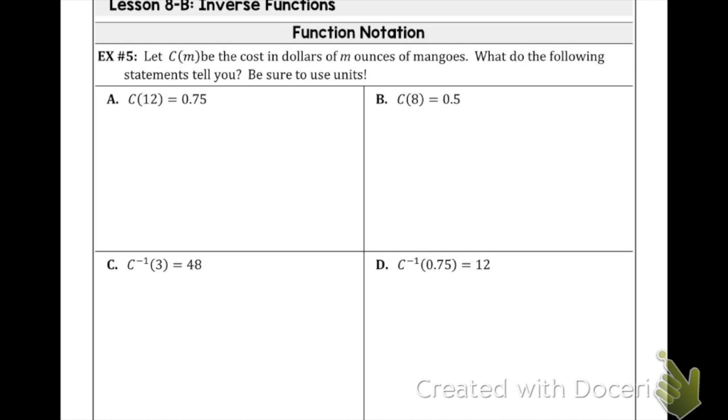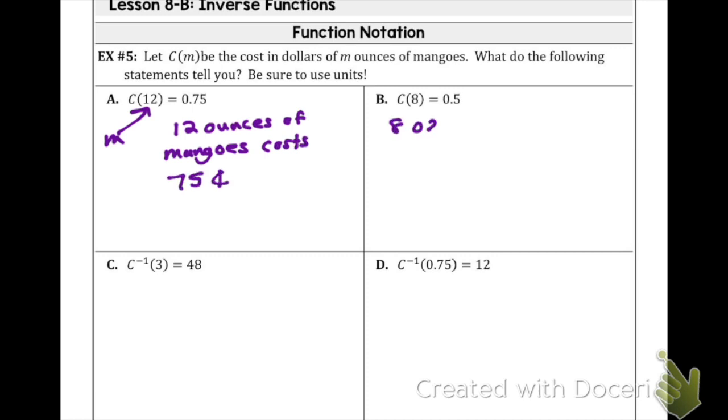So if I'm doing C of 12 is equal to 0.75, that 12 represents my M, which is my mangoes. So 12 ounces of mangoes costs 75 cents.